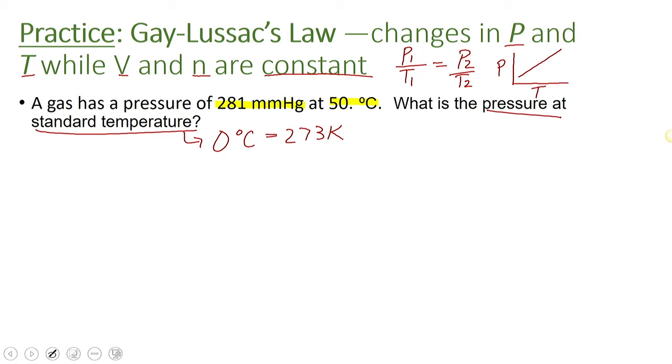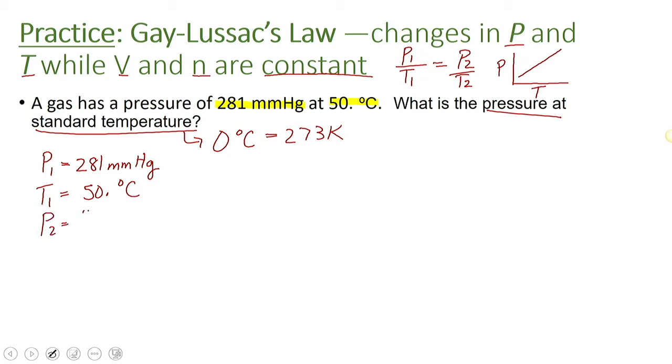We're given the standard temperature. Now we need to know what the pressure is. So let's write down what we have. P1 is equal to 281 millimeters of mercury. T1 is 50 degrees Celsius.